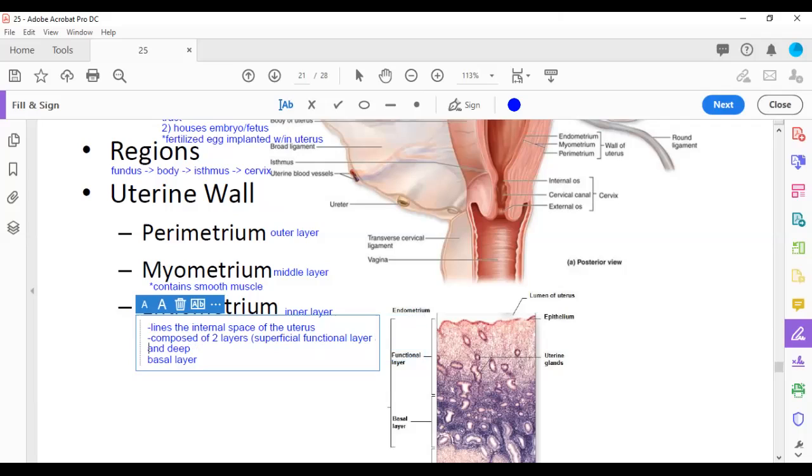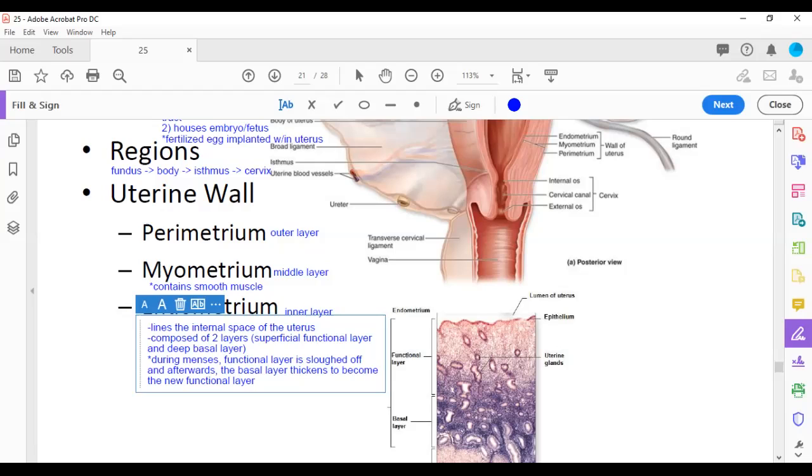What I need you to know is that during menses, the functional layer is sloughed off, and afterwards the basal layer thickens to become the new functional layer.